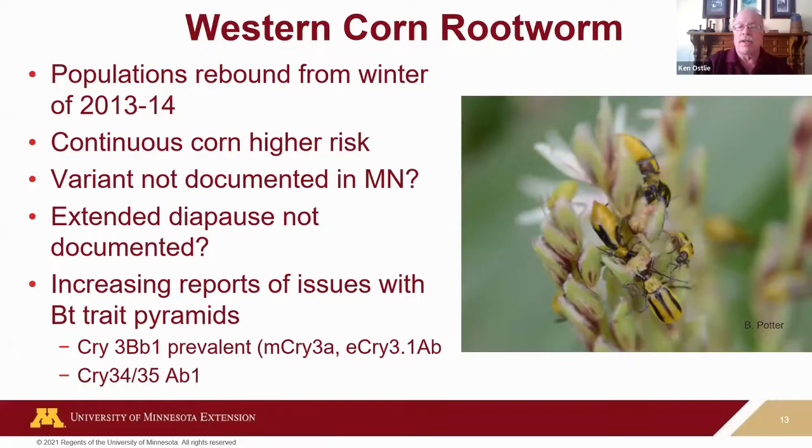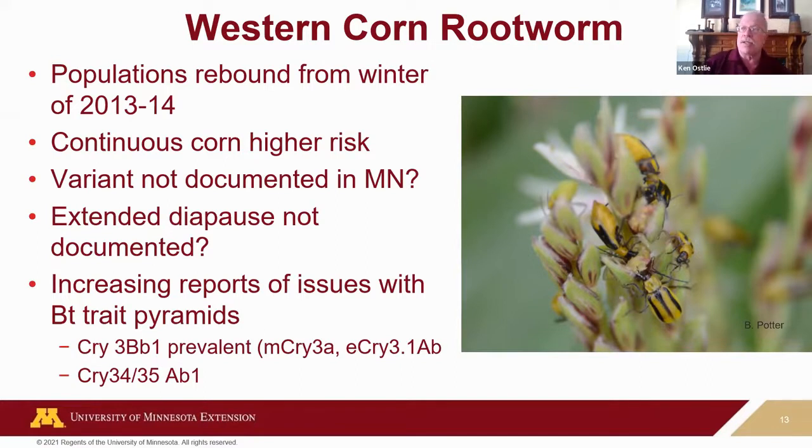And so one of the challenges we've had the last 10 years is that resistance of corn rootworms to Bt corn has developed. And then we went through a phase where weather conditions, the actions growers were taking, and the seed companies' products reduced rootworm populations rather significantly in Minnesota.